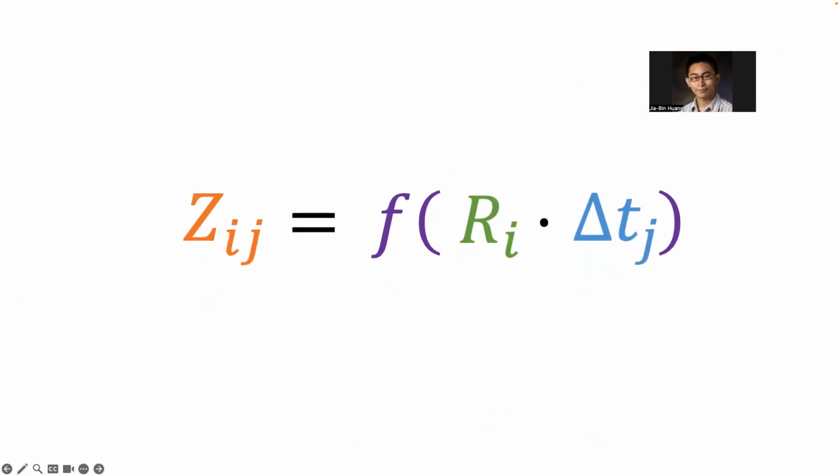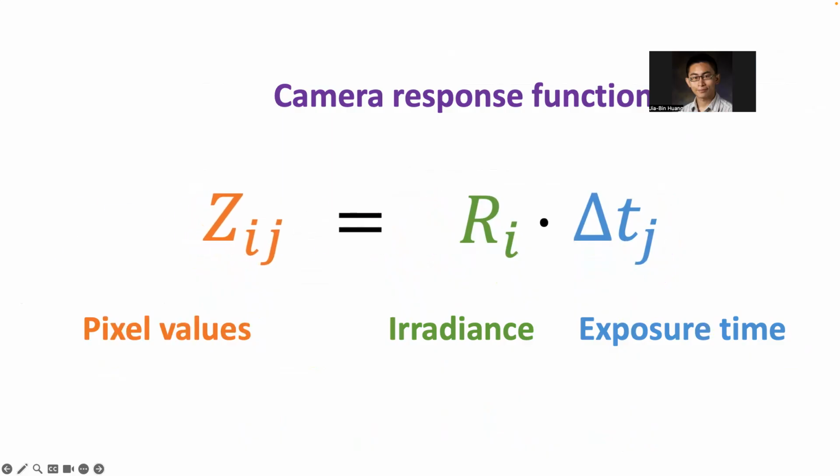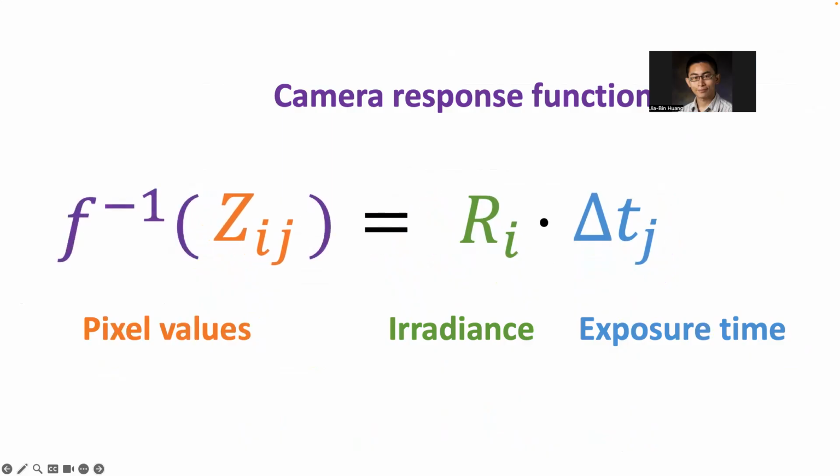All right, so let's try to massage this equation a little bit. This is the pixel value. The purple one is a function, the camera response function, and I have a radiance and an exposure time. What we could do first is move this around, because I don't want to model the forward direction. I want to model the inverse of this response curve.